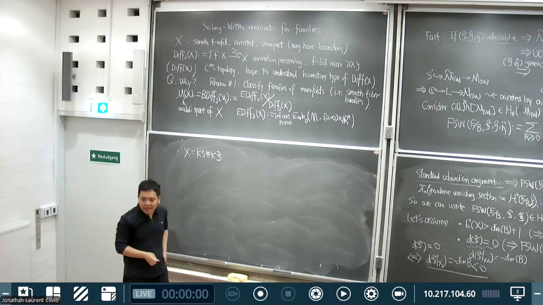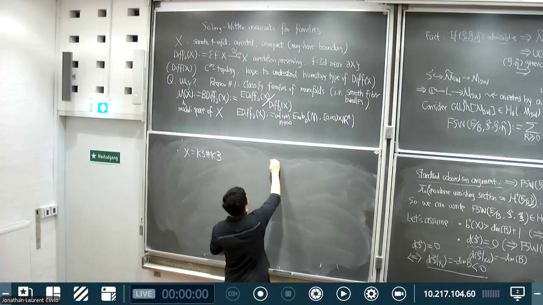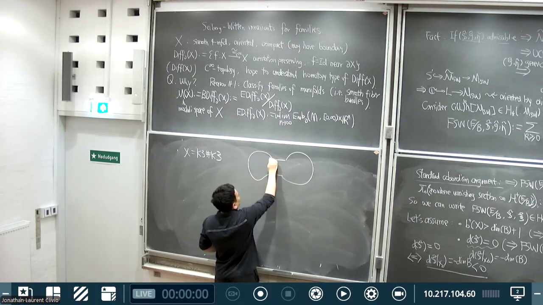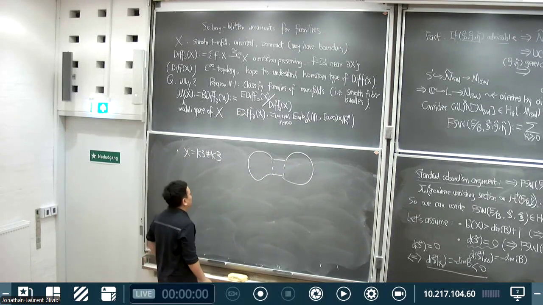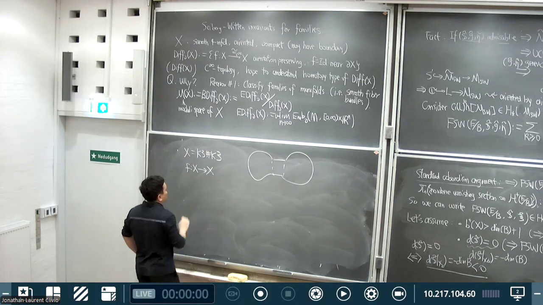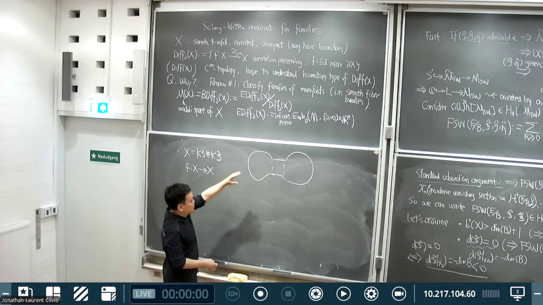Let X be K3 # K3. Let's take two copies of K3 surfaces and sum them together. A natural thing to do is to consider this map F from X to X, which is the Dehn twist along this connecting neck.